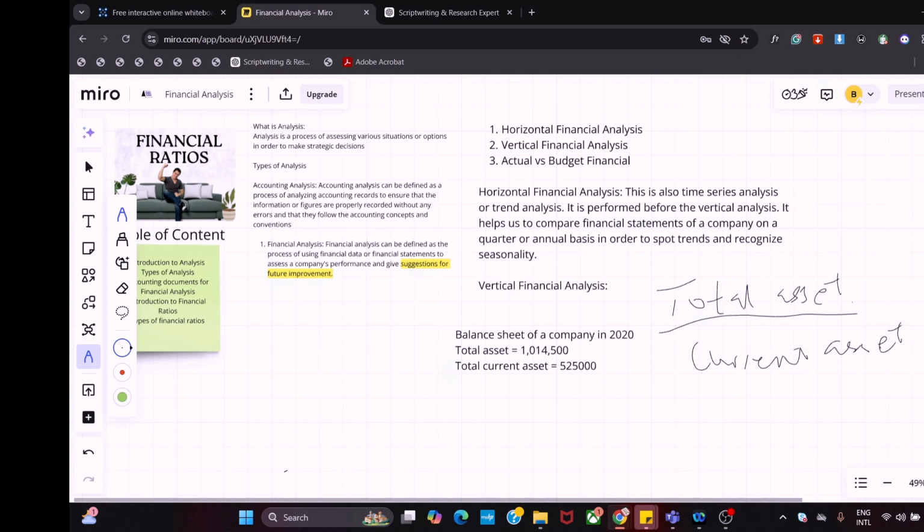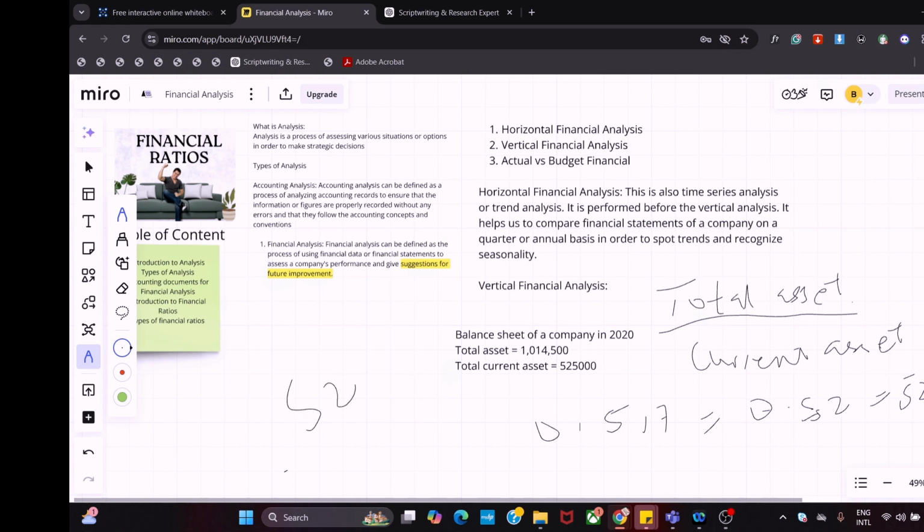When we divide these two, you will see that we will have approximately 0.517, let's say approximately 0.52, which is equal to 52%.